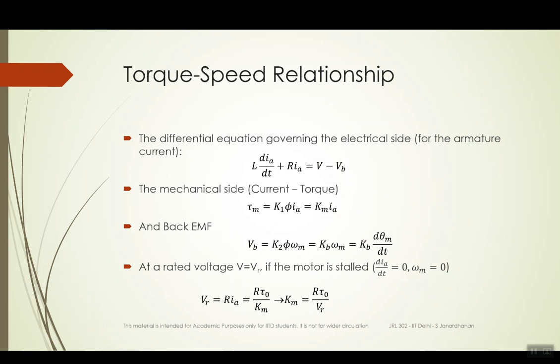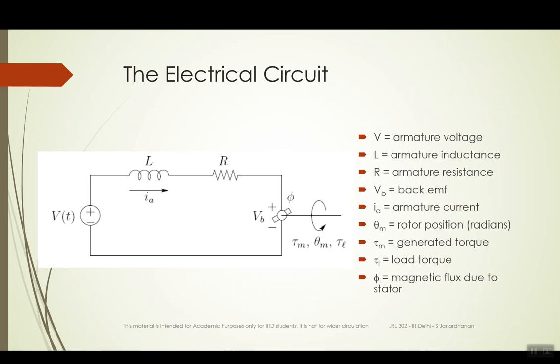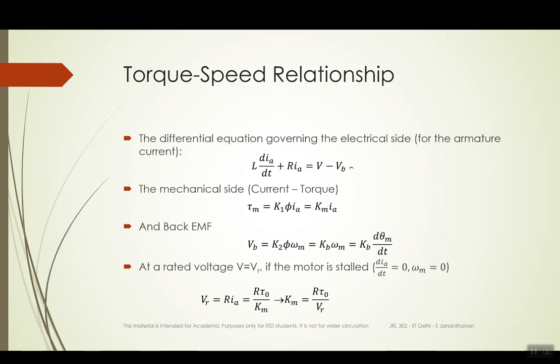Okay, so let's see what is happening here. If you go again to the previous slide, you'd see that V is equal to L di by dt plus R Ia plus Vb. That's the equation here. On the mechanical side, the current to torque relationship is tau m equals K1 phi Ia, which, because phi is constant, we can write as Km times Ia, where Km is the motor constant.